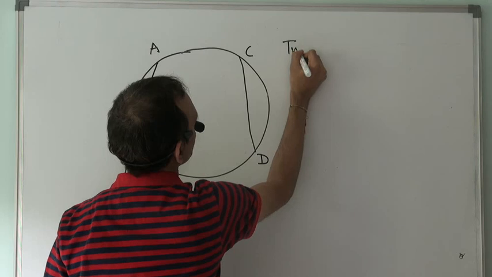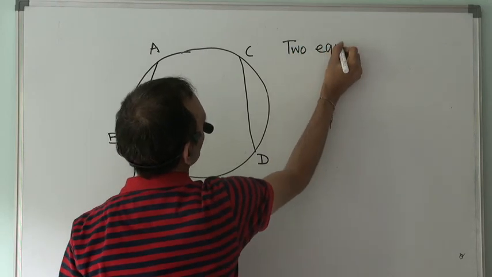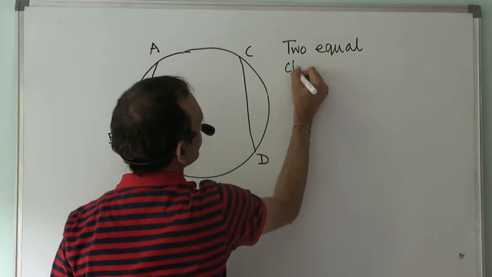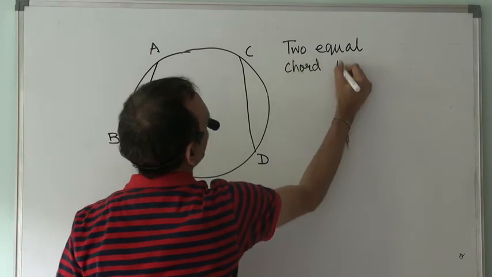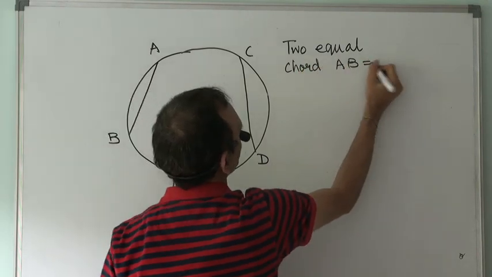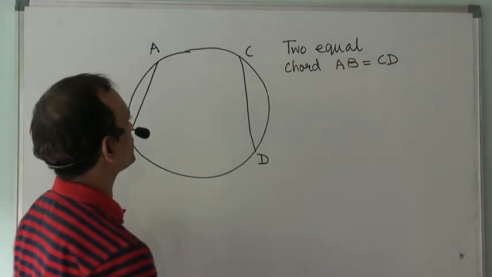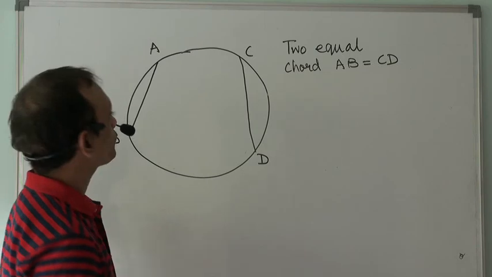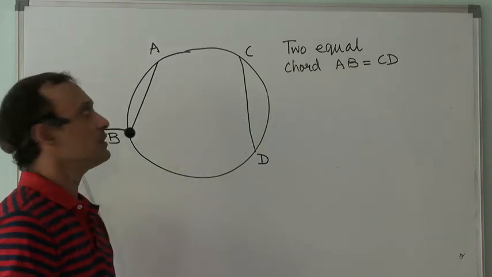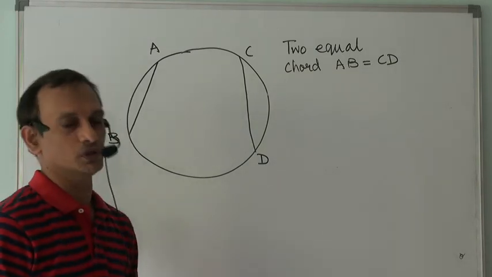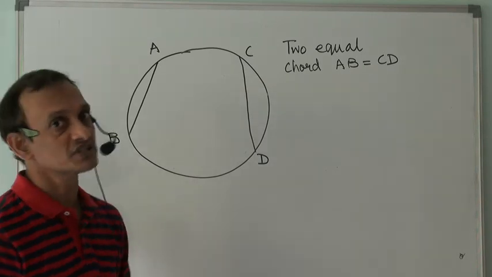Two equal chords of a circle, AB equal to CD. Now we want to show that if the two chords are equal, then they must be equidistant from the center.